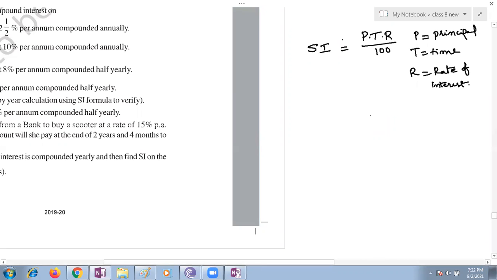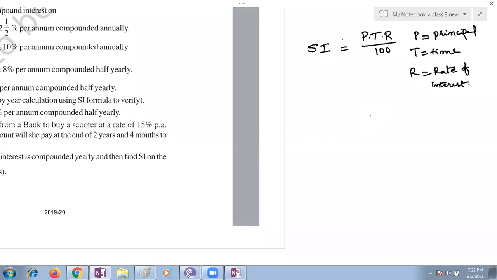Any other points? What is the difference between simple interest and compound interest? The basic difference between simple and compound interest on a certain sum is that in the case of simple interest, the principal remains constant throughout.